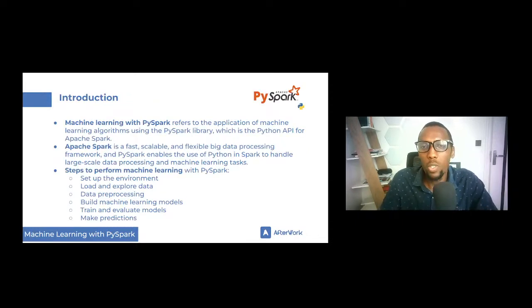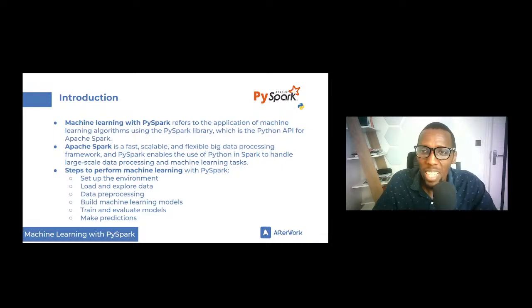This refers to being able to create machine learning models and to use what are called algorithms to create those models, but now using the PySpark library. We won't be using the traditional machine learning library in Python, that's the scikit-learn library. But now in this case, we'll be using another alternative, which is this PySpark library.